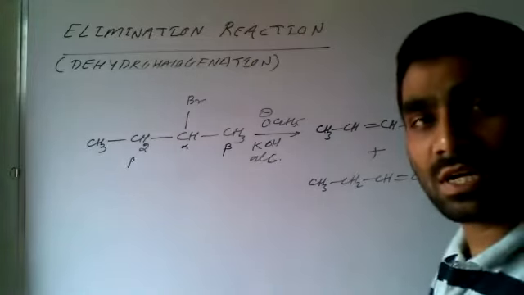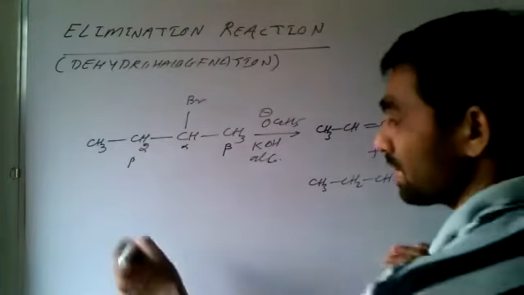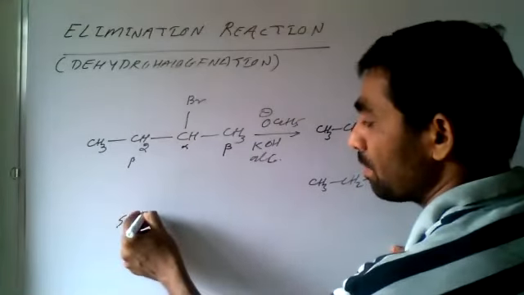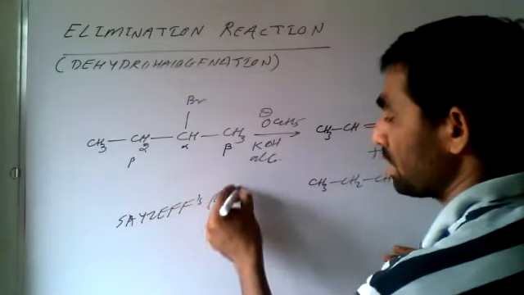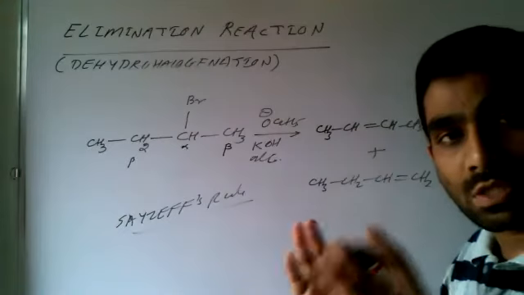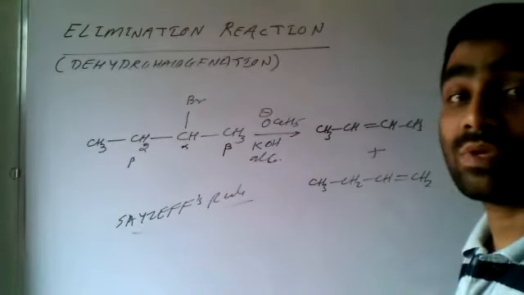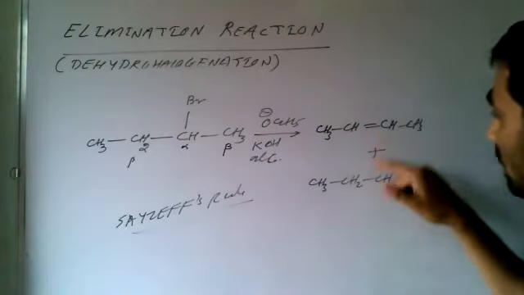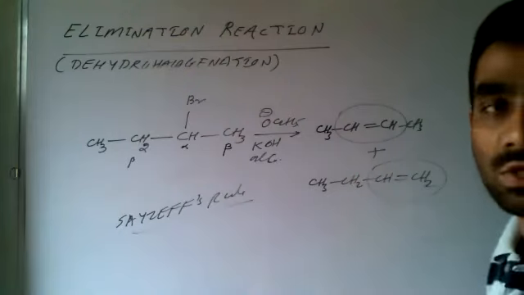If three beta carbons are there, three compounds will form. But which one is major? Here the Saytzeff rule will be applied. Saytzeff rule says that the more substituted alkene, with more substituted double-bonded carbons, will be major. So here you circle the double-bonded carbons and count the hydrogens.